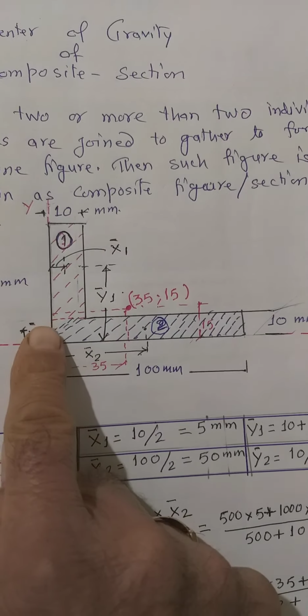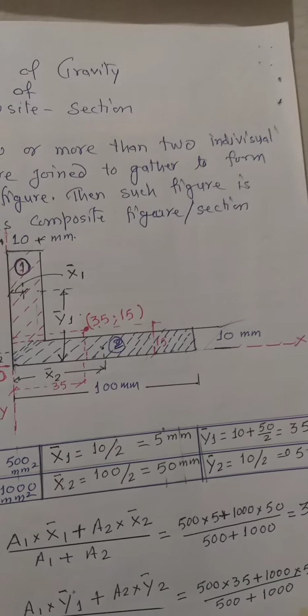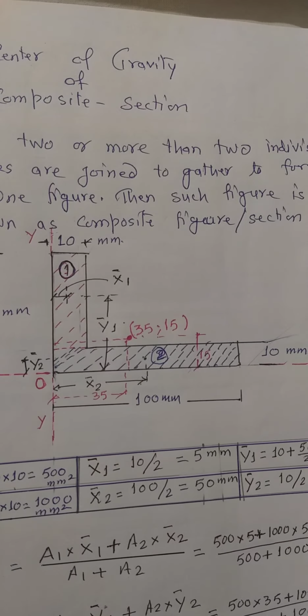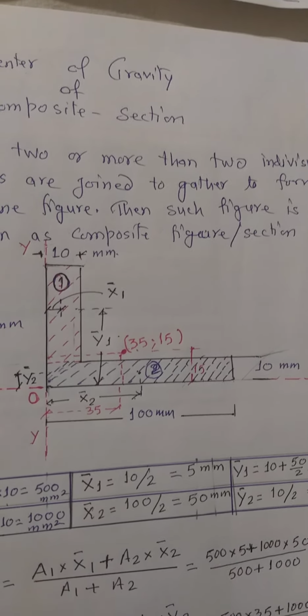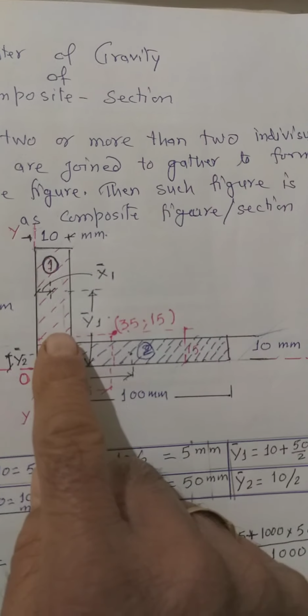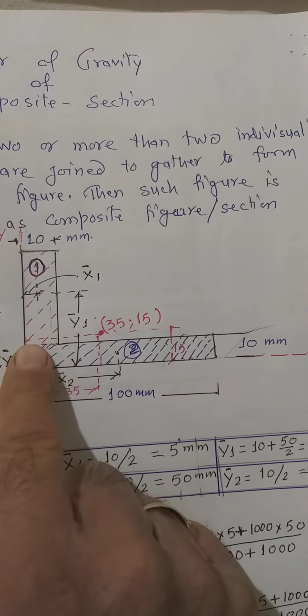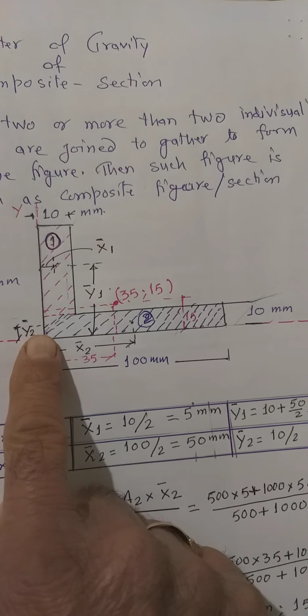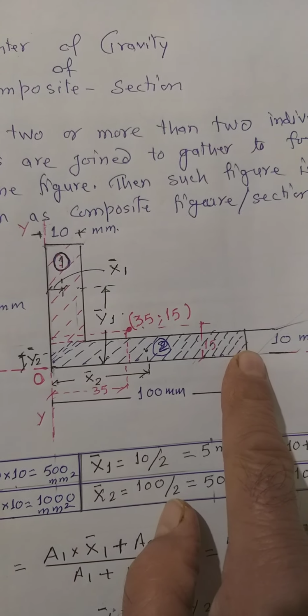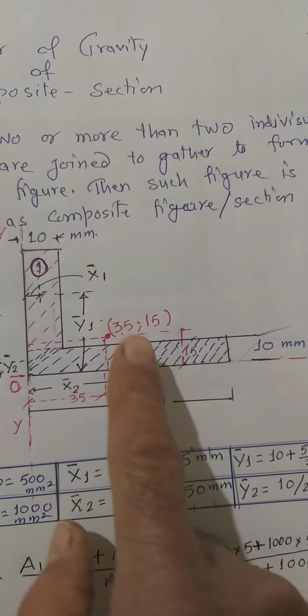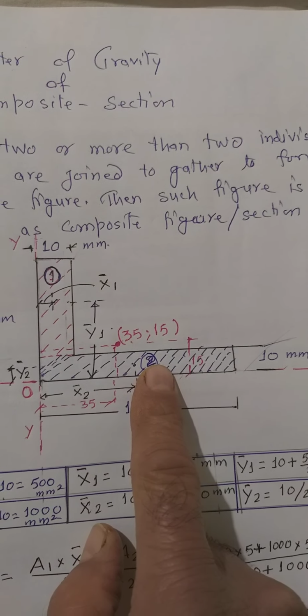One rectangle is like this, another rectangle is like this. Now it is to be divided into two individual figures. So what I have done, figure number 1 is starting from here to here, and this is figure number 2, which is already mentioned here.